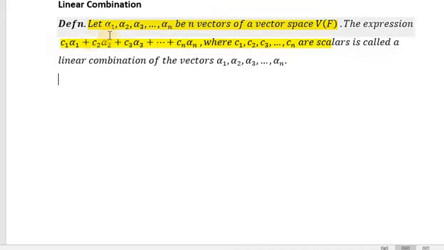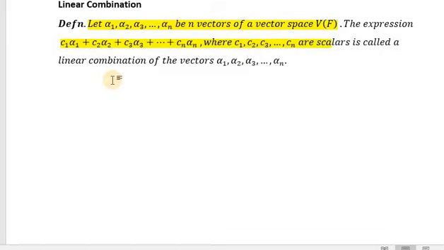So the definition of a linear combination is, the vectors alpha 1 to alpha n can be expressed as a combination C1 alpha 1 plus C2 alpha 2 plus C3 alpha 3, so on, Cn alpha n, where C1, C2 and so on are the scalars.